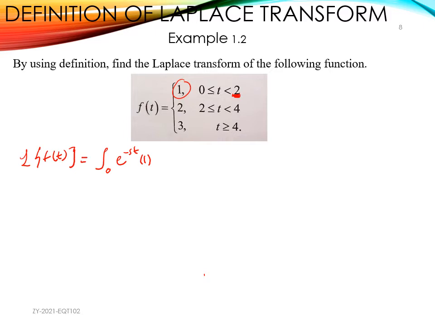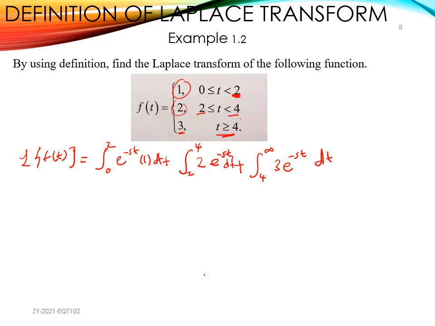Plus, next is 2, 2 exponent negative st, look at the limit, it's from 2 to 4. Plus, next is 3, the function is 3, from 4 to infinity because it's greater than 4. 3 exponent negative st. Don't forget the dt.